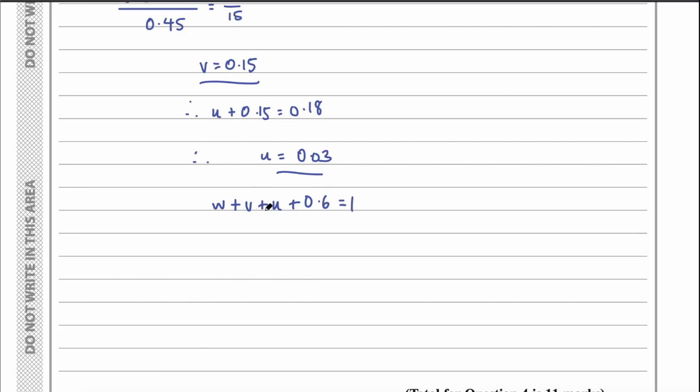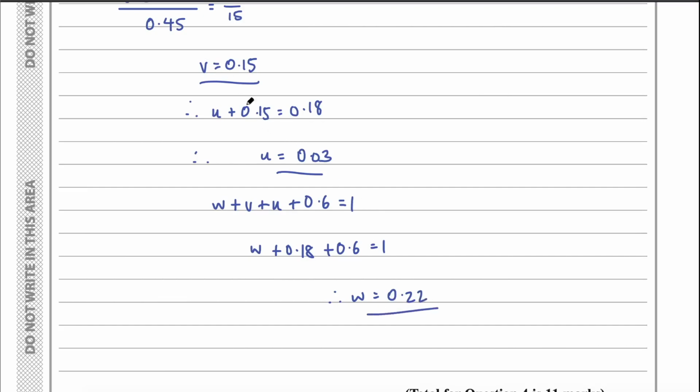We know V plus U was 0.18. So we've got W plus 0.18 plus 0.6 equals 1, however you want to do that. And then 0.4 take 0.18, that's going to be 0.22. So therefore, W equals 0.4 take 0.18, as I said, 0.22.